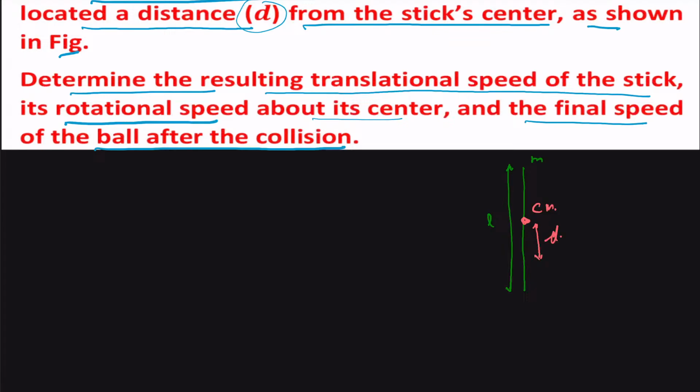Suppose the ball is moving in this direction and it is going to strike at this particular point. So this is a ball of mass m moving with the velocity v0 perpendicular to the rod. So this is the basic question, and we are going to find out other relative parameters based on this question.